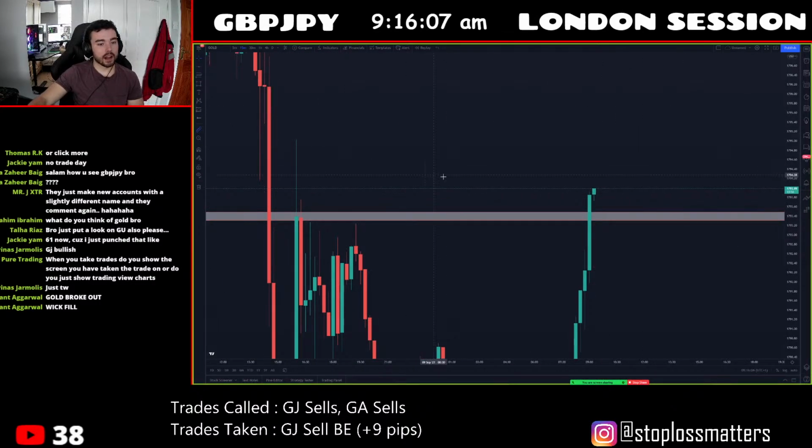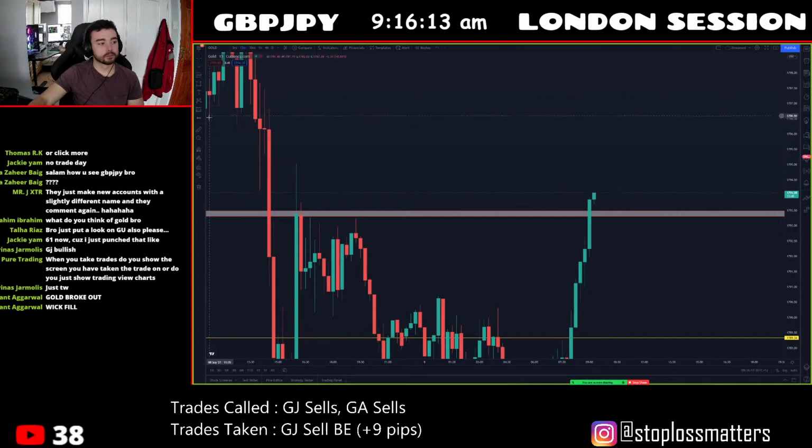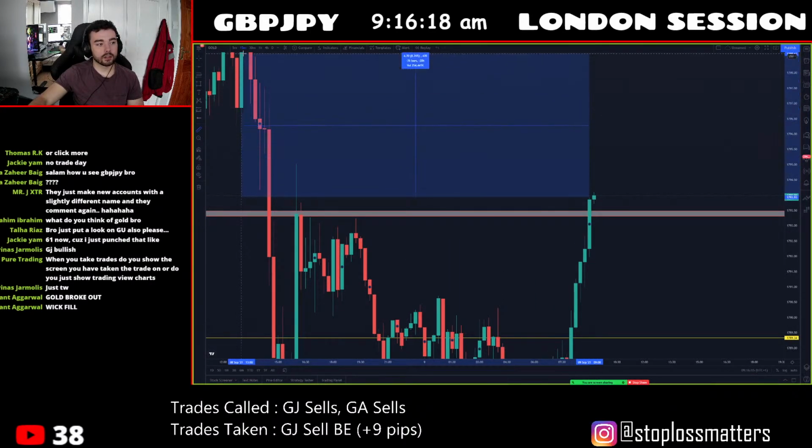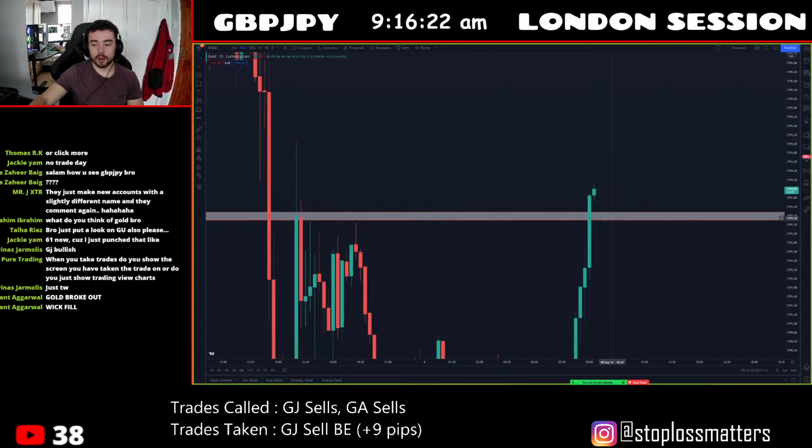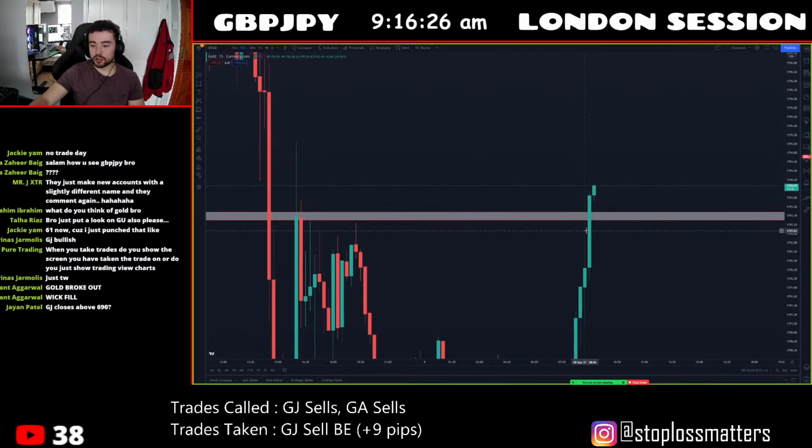So people getting in and happy to have a stop loss here and getting it straight away. 19 pip stop. And then continue over here, fill this wick up, which is 10, and then continue this range. For me, I'm gonna wait for a bigger bottom wick. GJ closed above 1690.